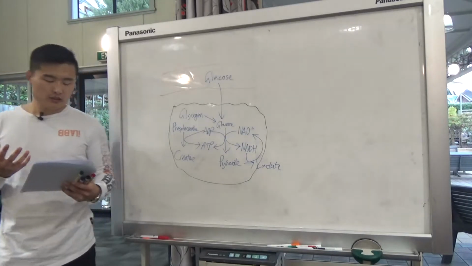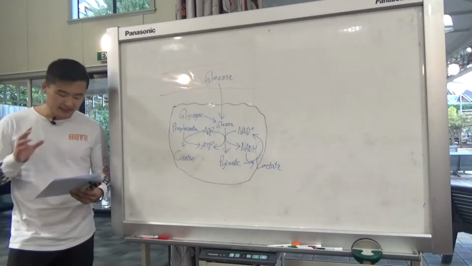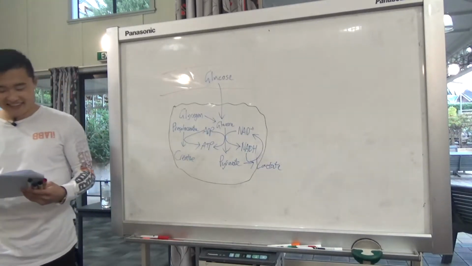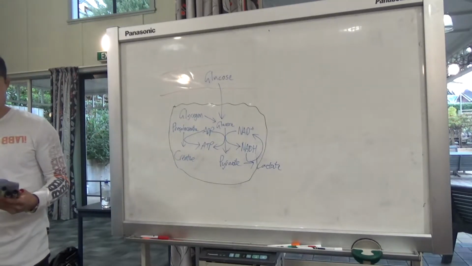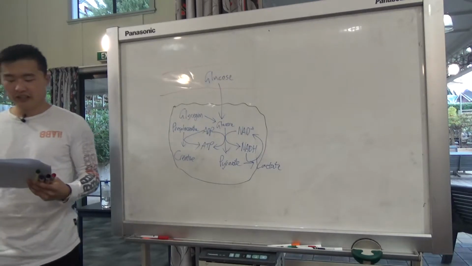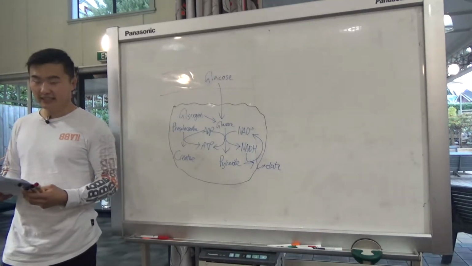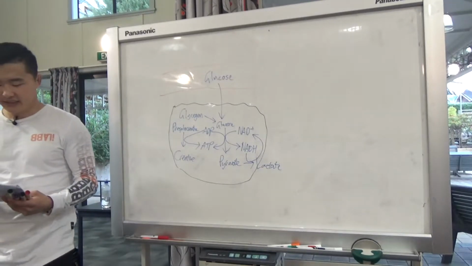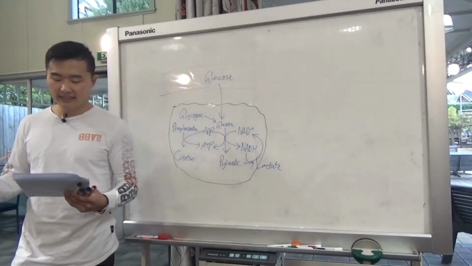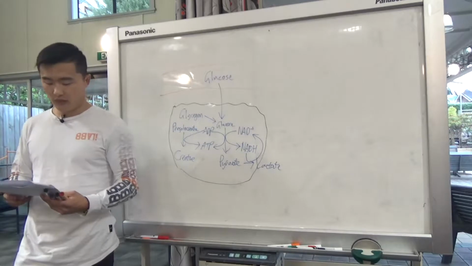So then we need to know about adenylate kinase. If there's lots of ADP due to ATP breakdown, the ADP can be further broken down to produce more ATP, and that's catalyzed by the adenylate kinase, which is also known as myokinase. Okay.